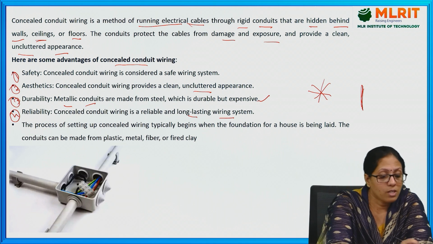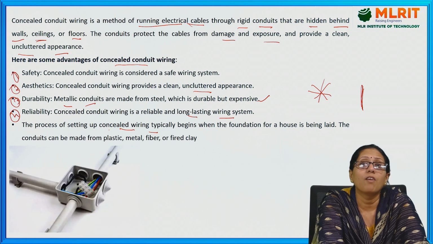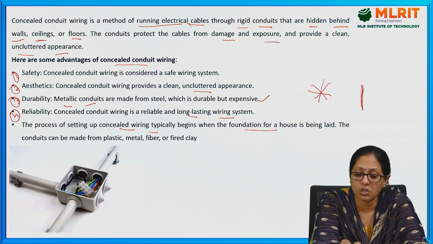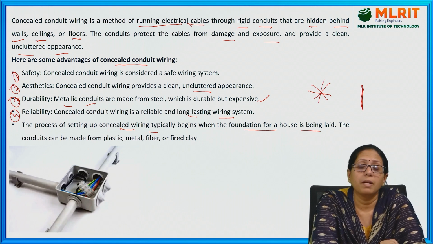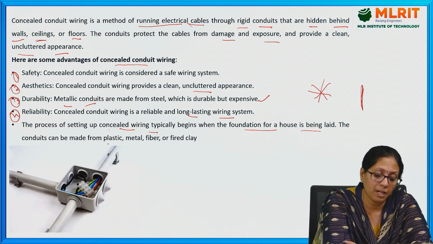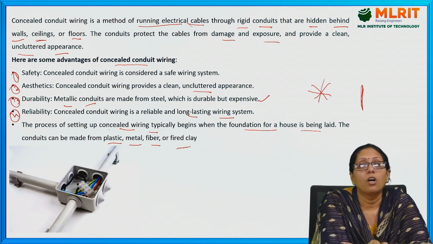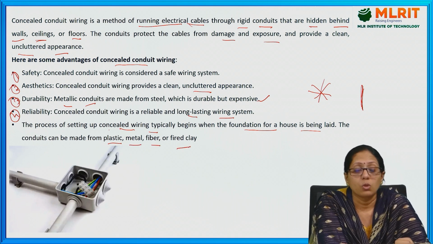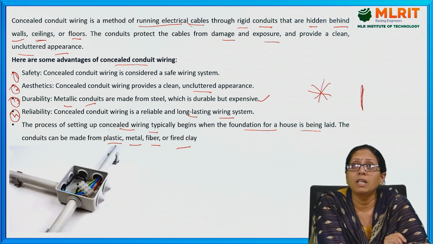The process of setting up concealed conduit wiring typically begins when the foundation of the house is being laid. The conduits can be made up of plastic, metal, fiber, or clay, based on the budget.